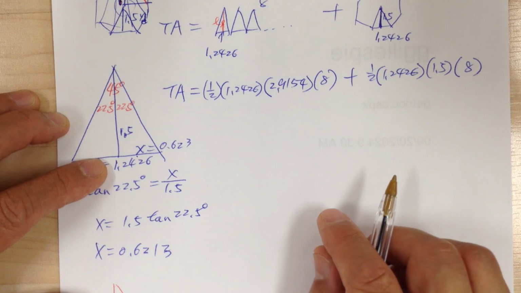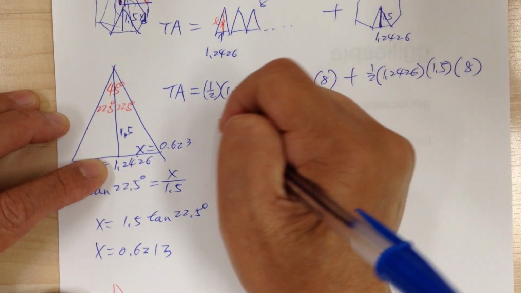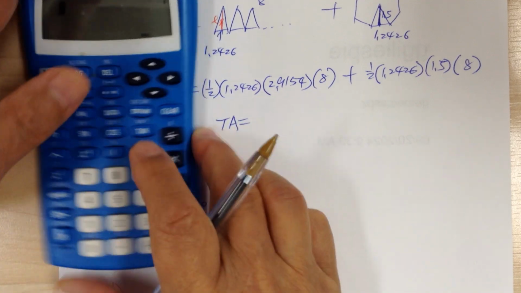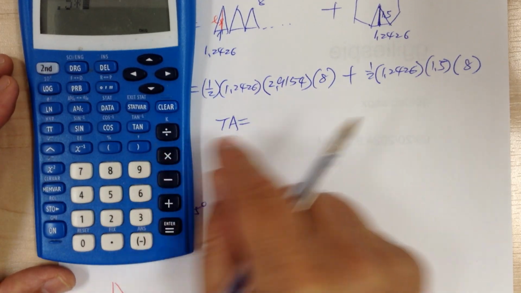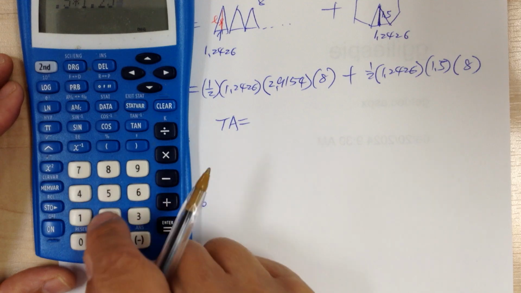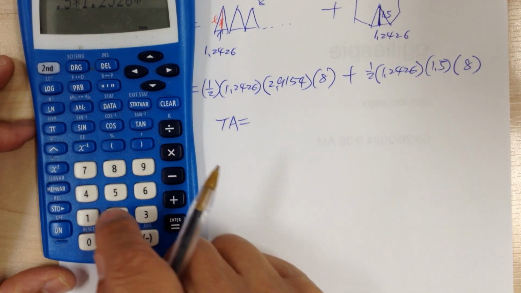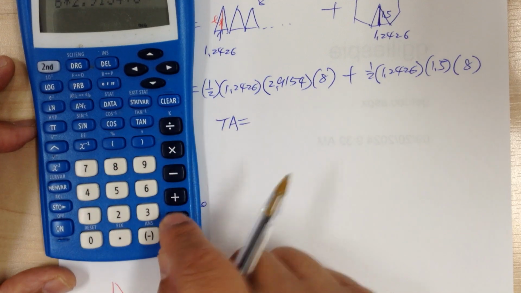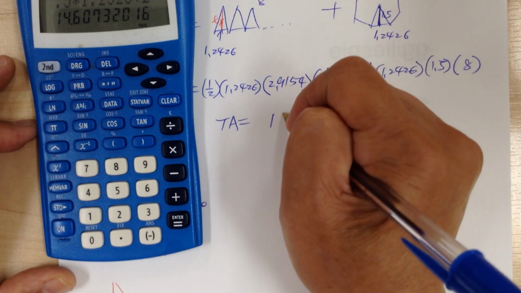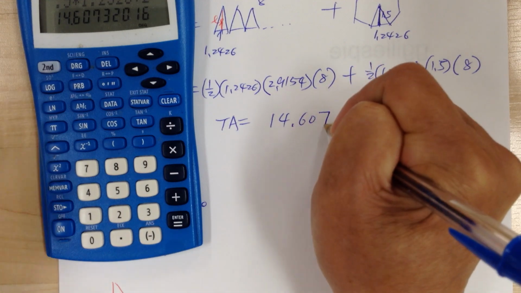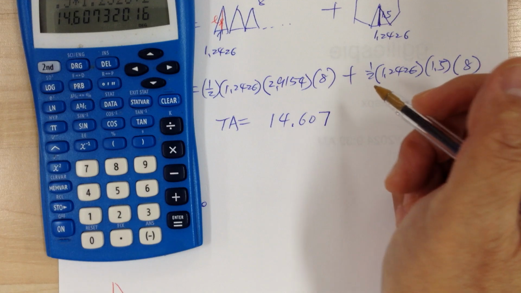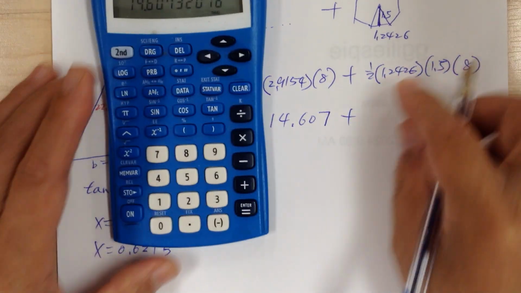Okay, so now get your calculator, and now that's going to work out all the details. So 0.5 times 1.2426 times 2.9154 times 8 equals 14.607. And plus, now let's work out this one.